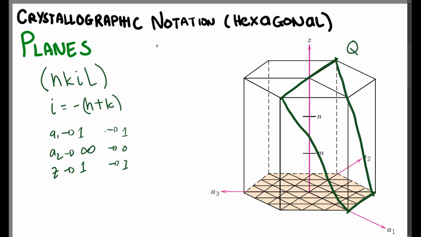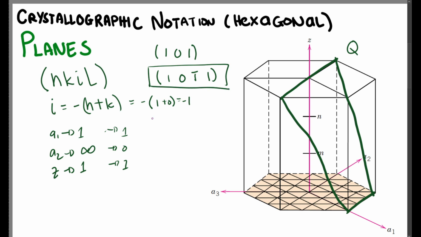So this will be our HKL, 1, 0, 1. To get the 4-coordinate system, we just have negative (H plus K), this redundancy. We have 1, 0, negative (1 plus 0), which is equal to negative 1, so 1, 0, 1 bar, 1. So this will be your plane in the 4-coordinate system, your Miller index in the 4-coordinate system.